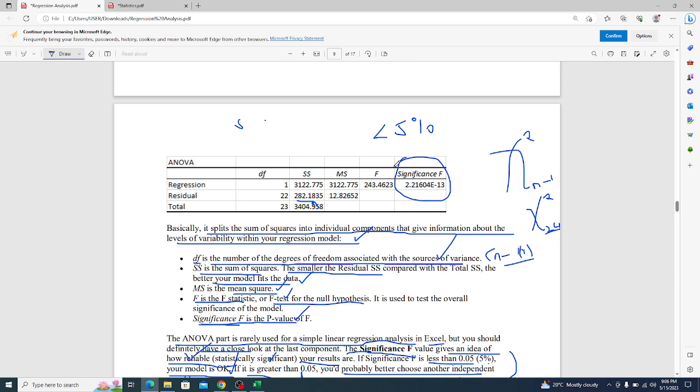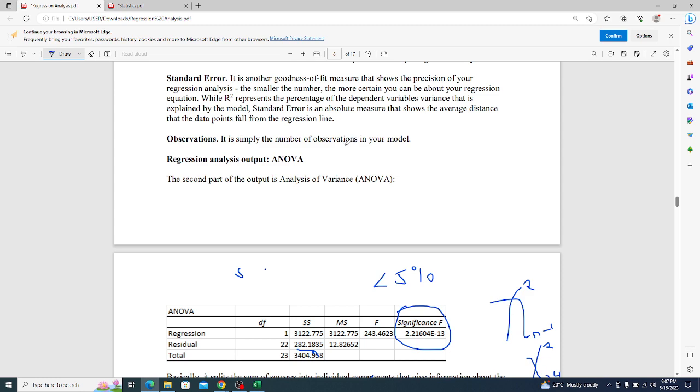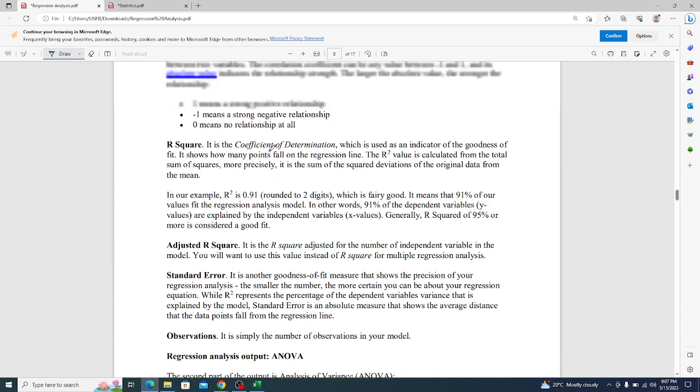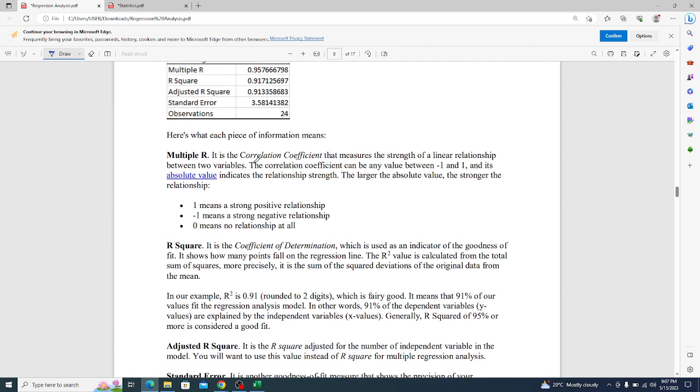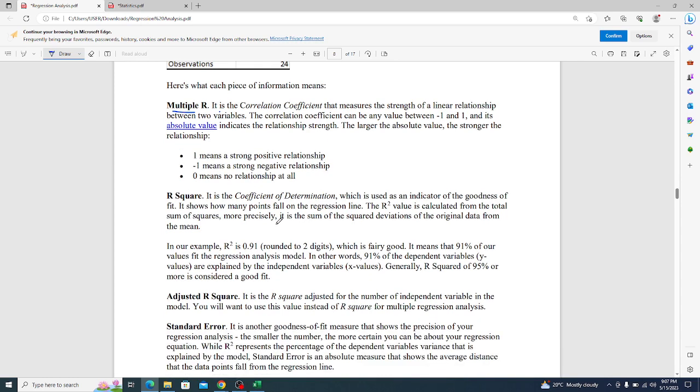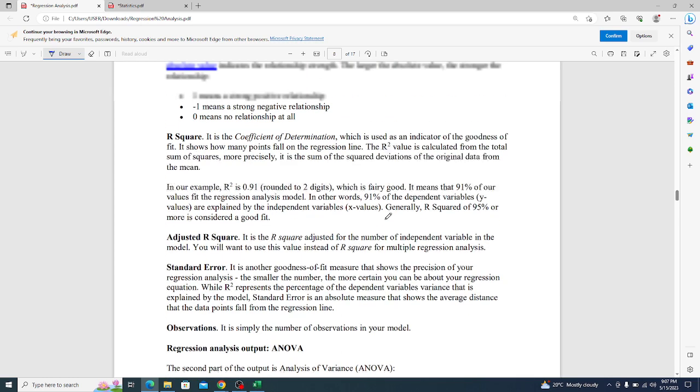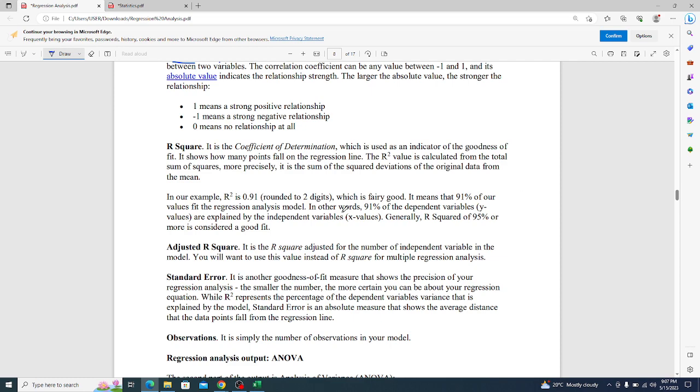Also, your standard error will be small, and your significance F will be less than 5%. If all those factors are okay, then your model will also be okay. Then you can go and read more on the multiple R in the notes. I've just summarized everything.